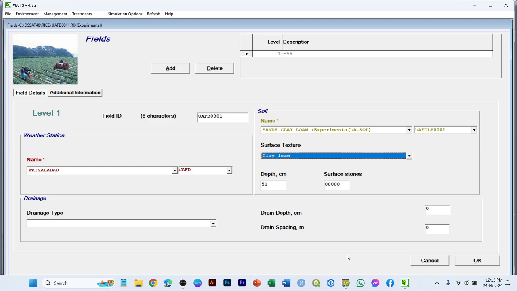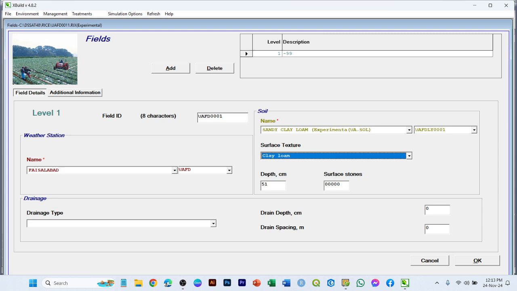So for the time being, you have to skip these two files. You don't need to emphasize them right now. Just keep them for learning purposes. After this, I will tell you how to create the weather file and soil file. Don't worry.